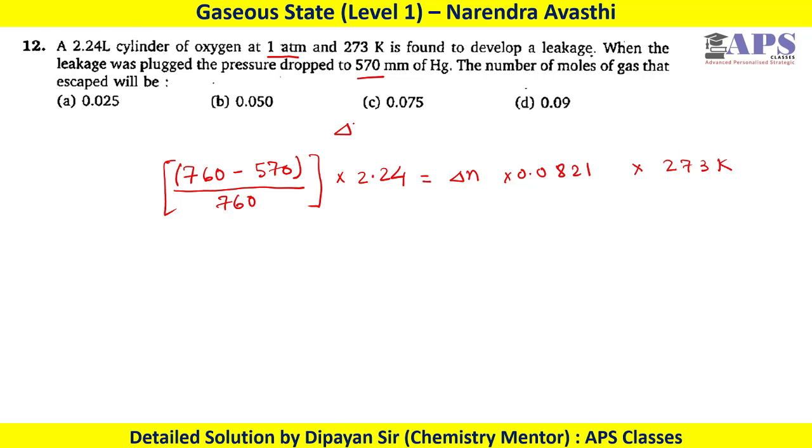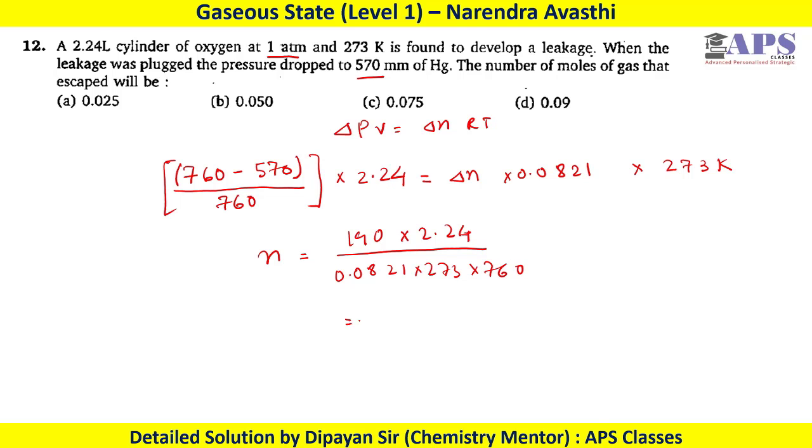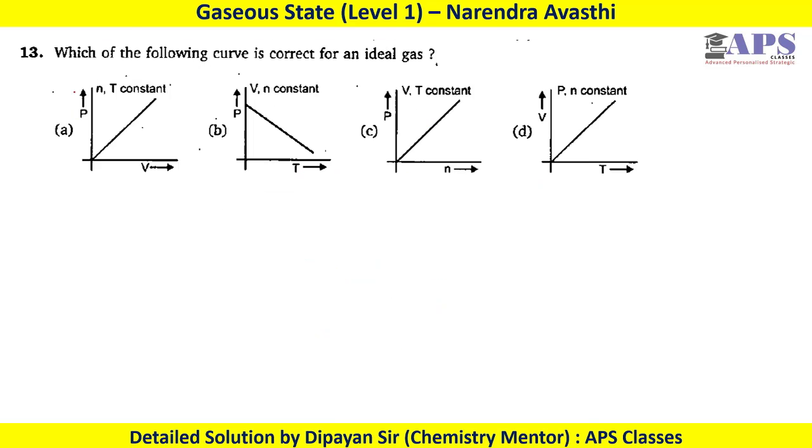So this is nothing but delta P V equal to delta n R T. So the number of moles will be equal to 190 into 2.24 divided by 0.0821 into 273 into 760, which equals 0.025. So the number of moles which escaped from the system will be 0.025. Option A will be the correct option.